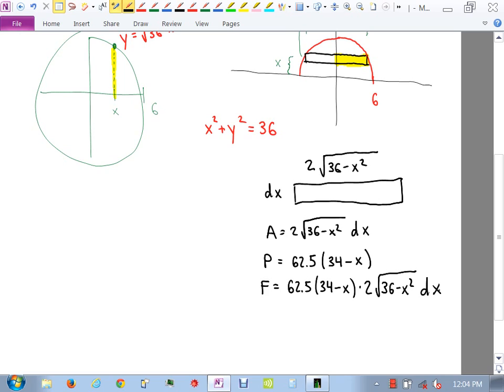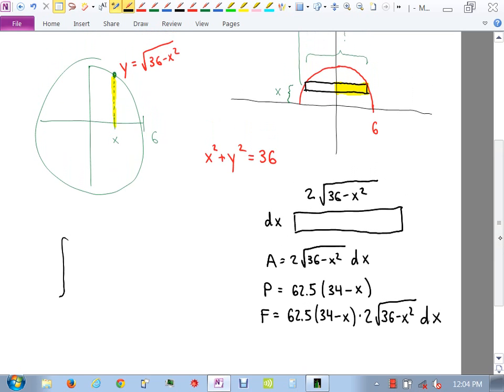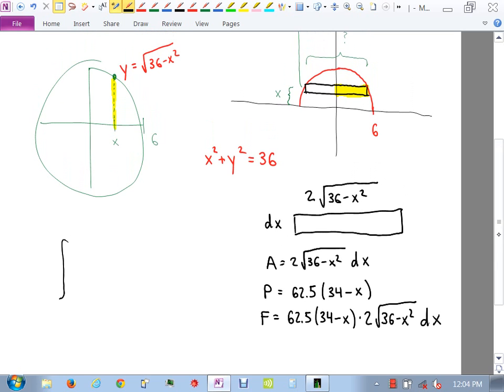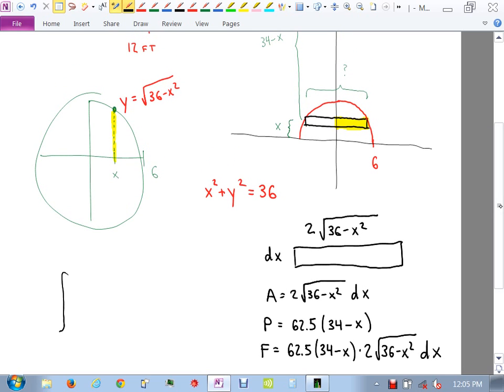And then, integral time. Add them all up. So where's your integral going to go from here? The variable is x. Look back at your picture. What is x going to vary from? 0 to 34. Could it go up a little bit?